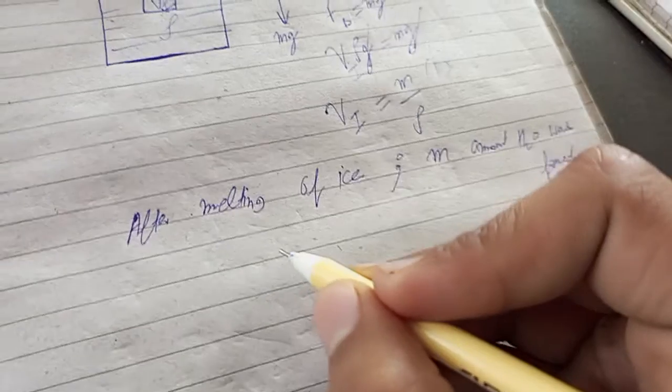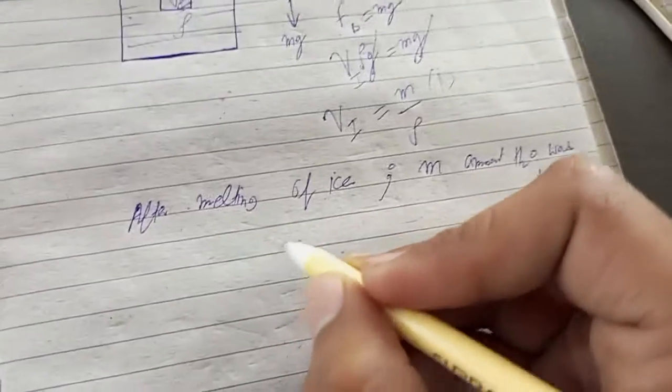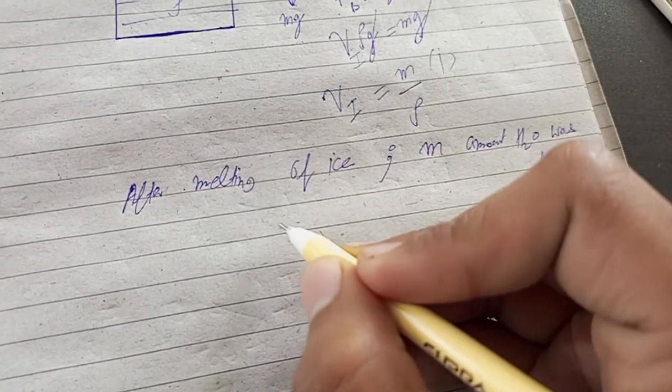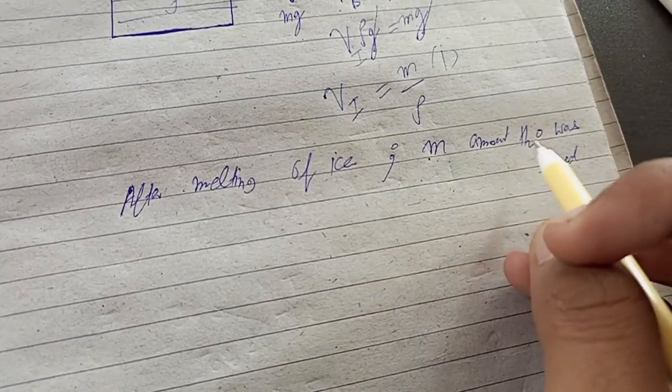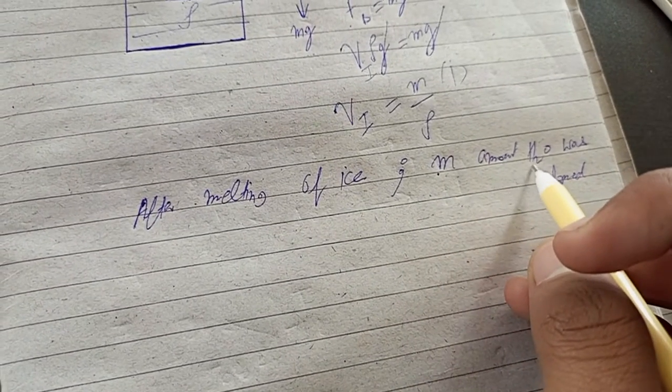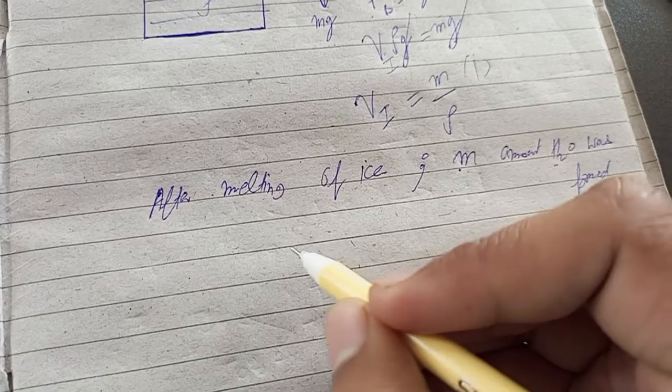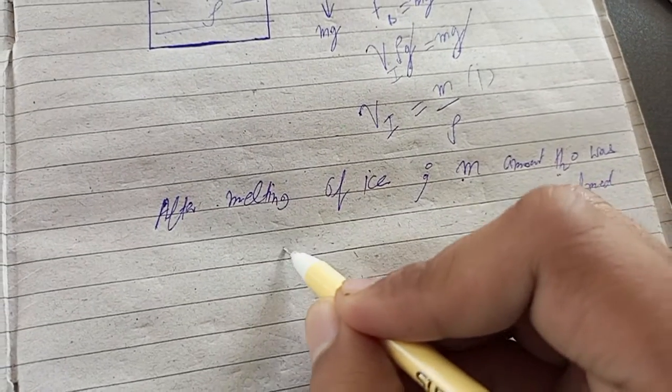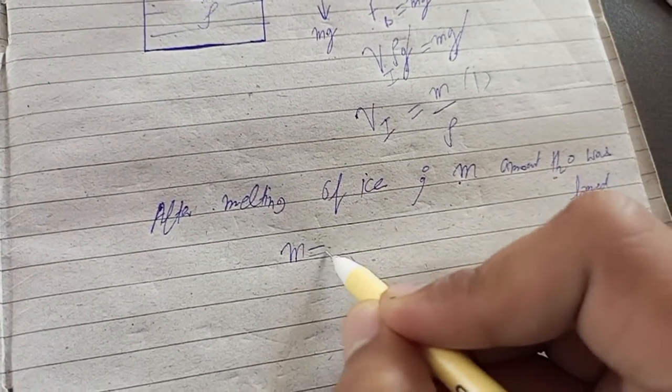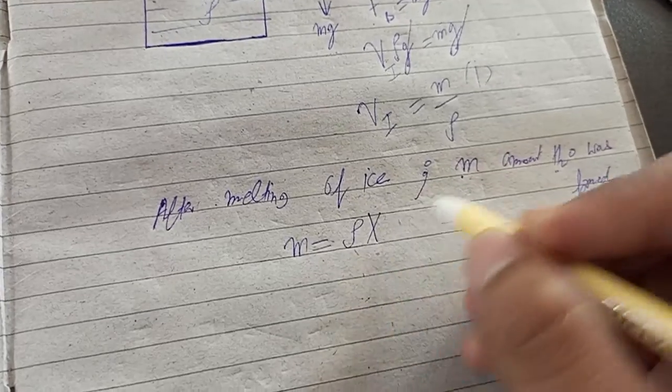So what can I say? The mass m of this water can be given by m equals density into volume.